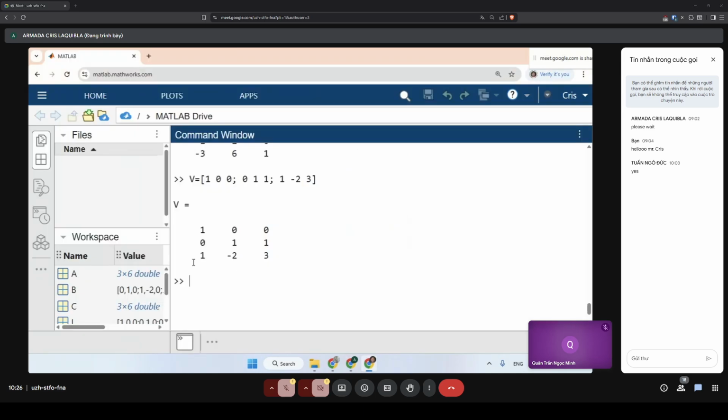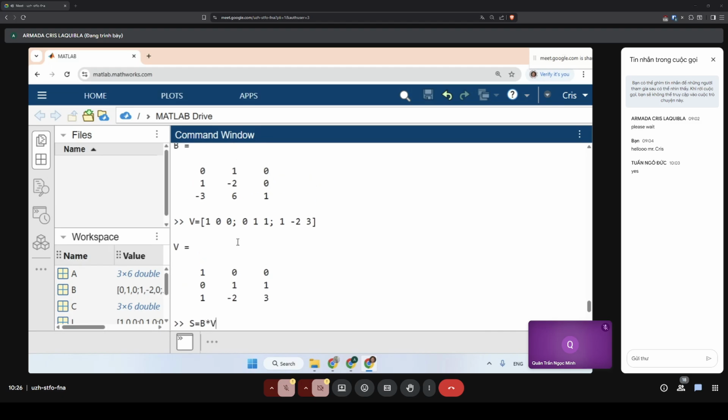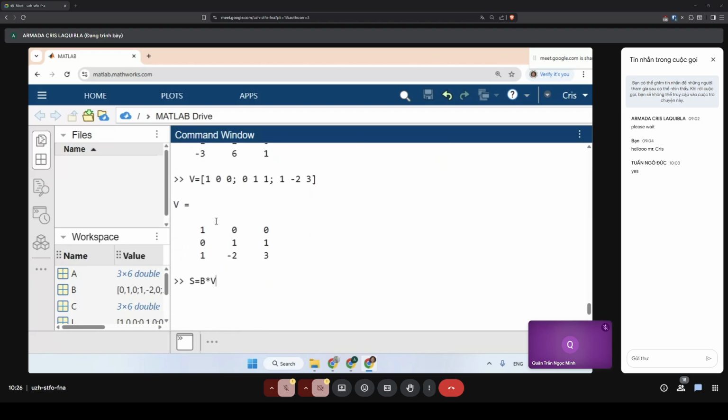So if you multiply them now, your S is equal to your B times V. Again, the entries for your B here is your B inverse, and the entry of your V here, V is your B prime. So let's try if this is really correct.